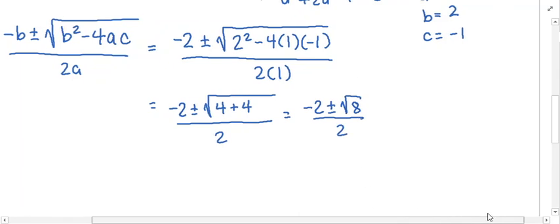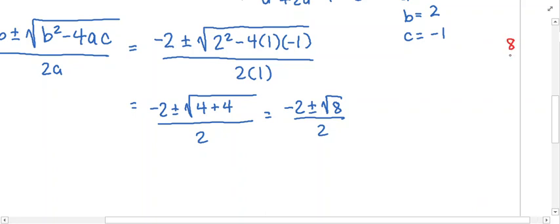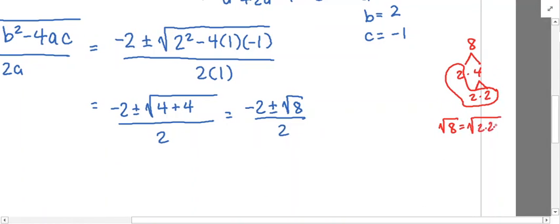If you went out to the side and tried to break down 8, you should. 8 is 2 times 4. This breaks down into 2 times 2. So 8 is 2 times 2 times 2. So the square root of 8 is the square root of 2 times 2 times 2. You have one pair.